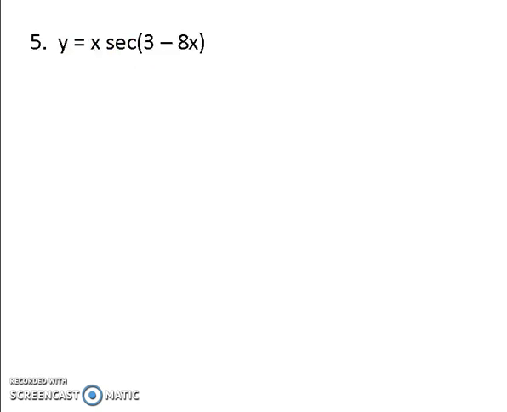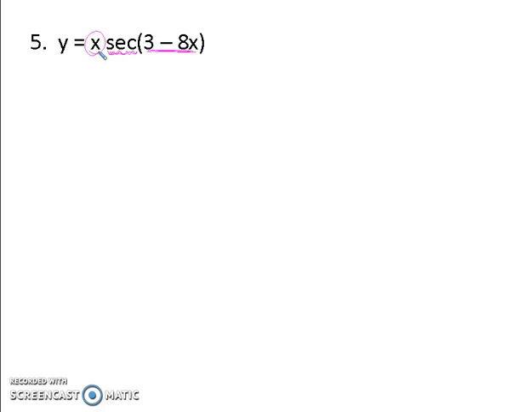All right, let's take a look at number 5 here. Number 5, hopefully you immediately notice that you do have an inside function. It is inside of the secant function. But then I've also got this x guy here. That's because I have a product going on here. So this is actually a product rule problem, but I'm going to have to use the chain rule for some of the product rule.